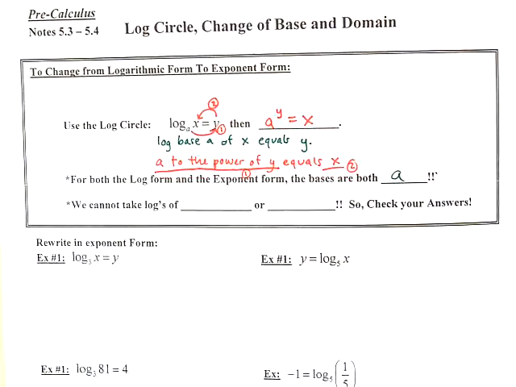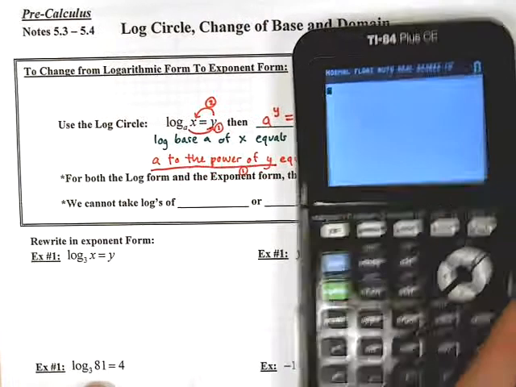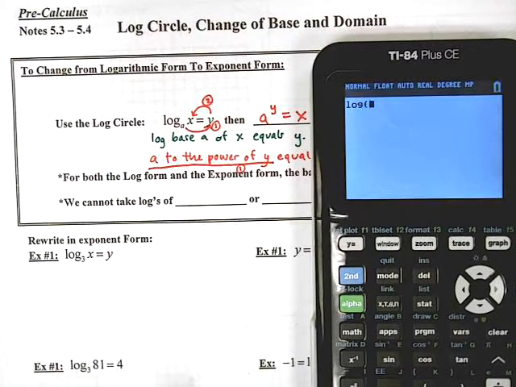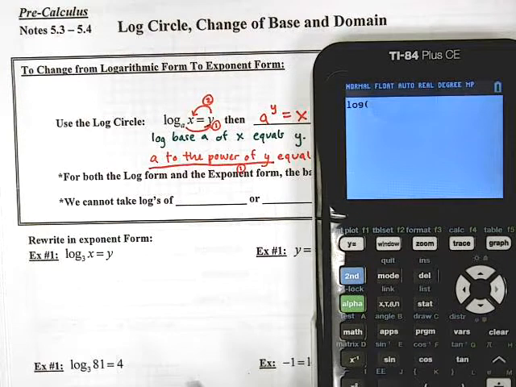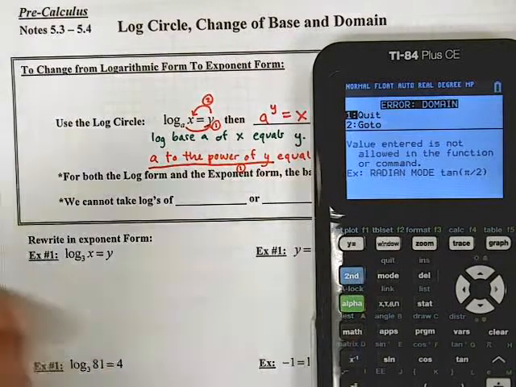Now, one thing we do need to check in on is domain. When we're talking domain here, usually we figure it could be positive, 0, negative. So if I take the log of some positive number, we're good. That's cool. What happens when I try to take the log of 0? Uh-oh. Can't do it.